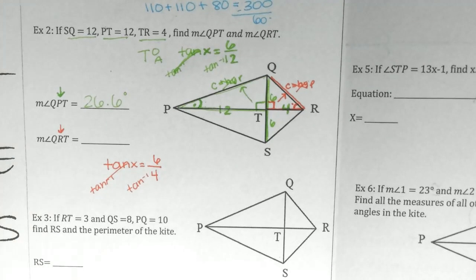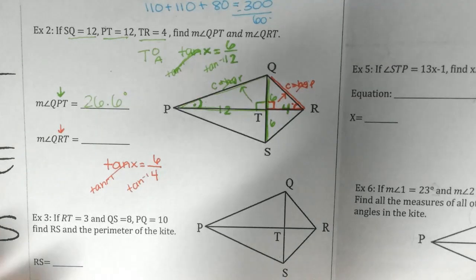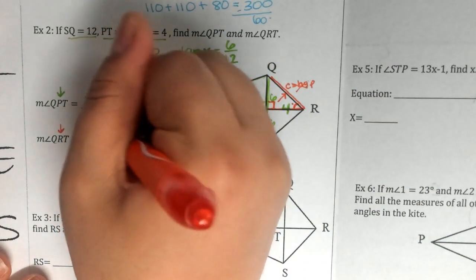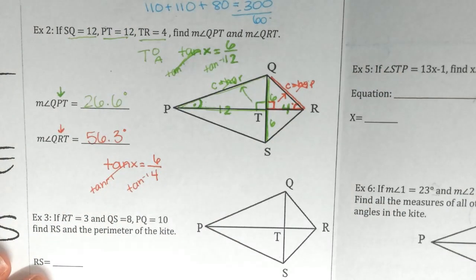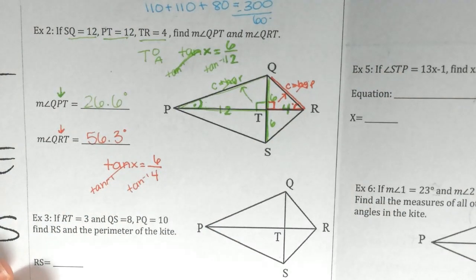And so this time I'm going to do 6 over 4. What is my angle? 56.3 degrees. Questions?